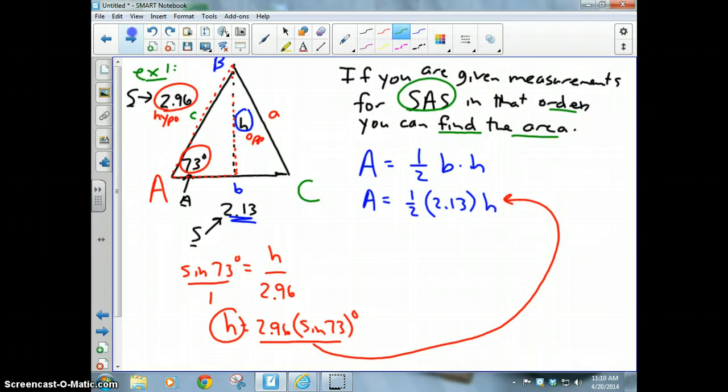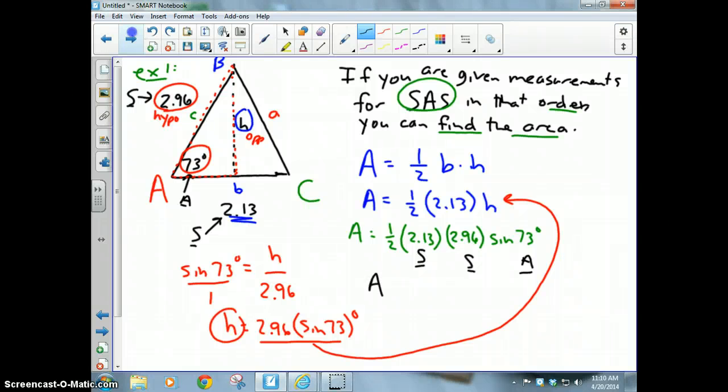So therefore, my area becomes 1/2 times 2.13 times 2.96 times the sine of 73 degrees. And if you notice, what I have here is there's one side, here's my angle, and here's another side. I have SAS. I've used all three numbers to solve and figure out the area.